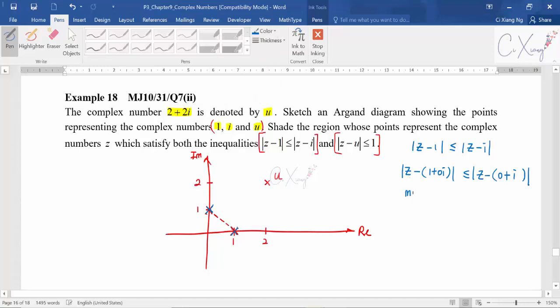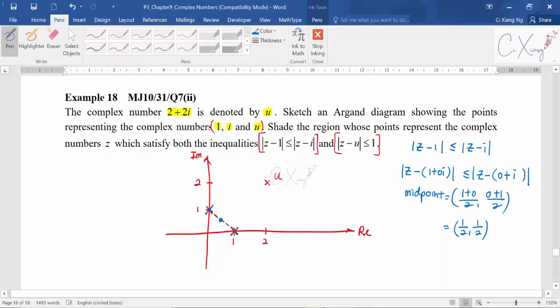Midpoint is very easy. You should have (1 plus 0) divided by 2, then (0 plus 1) divided by 2. So you have half and half. This is your midpoint.